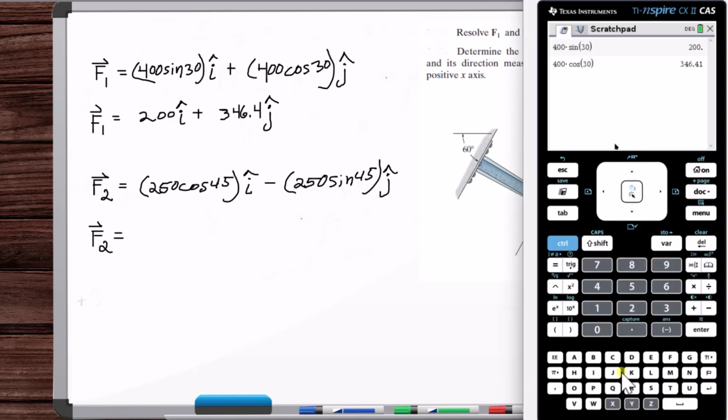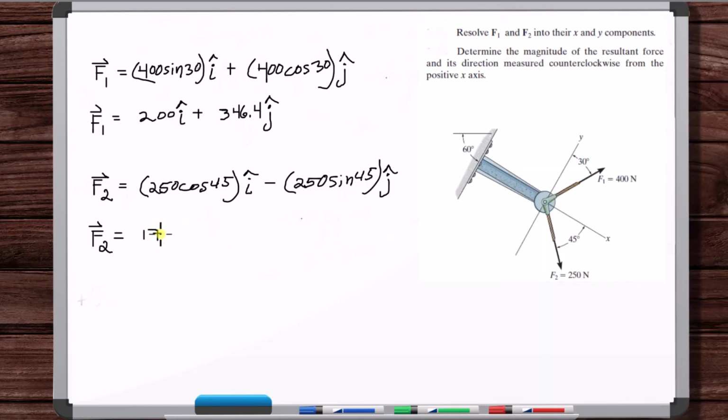Okay, so 250 times cosine of 45, 176.8. Okay, and then this is going to be the same number because sine of 45 and cosine of 45 are the same value. Okay, so we've got F1 and F2.